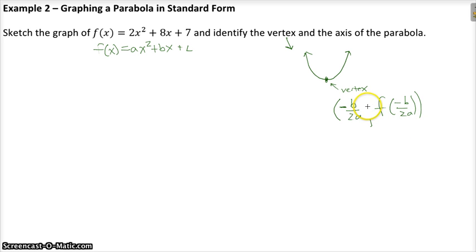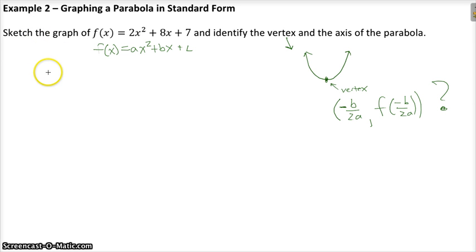Now you might say, what does that even mean? I don't even know what that means. That looks like complete gibberish to me. Well, we have a and b here. Those are just coefficients, or numbers in front of variables. If we can find that, it'll be very straightforward on how you find a vertex.